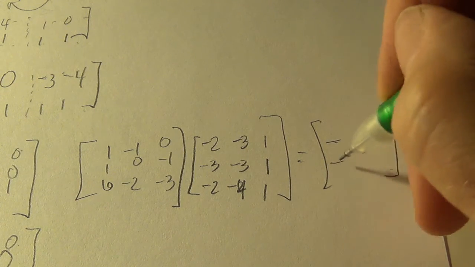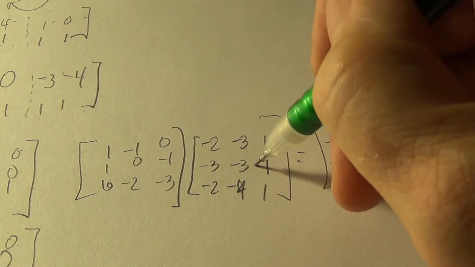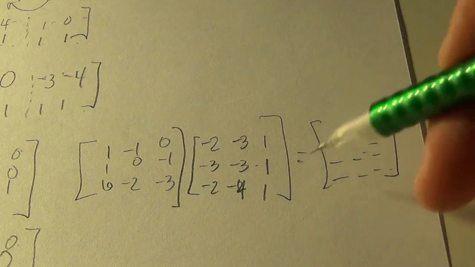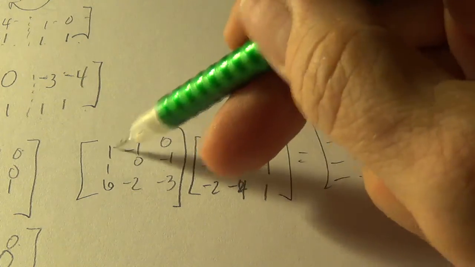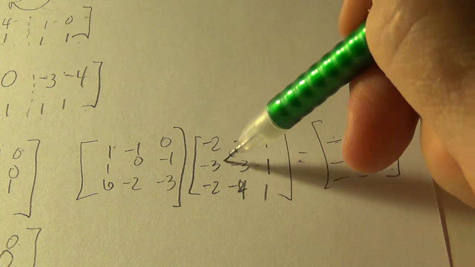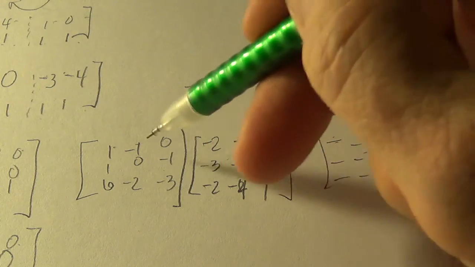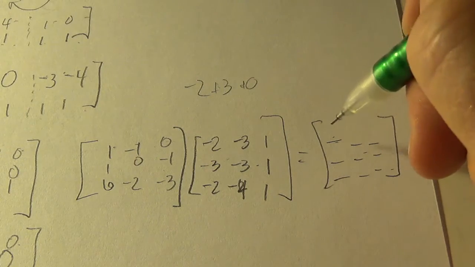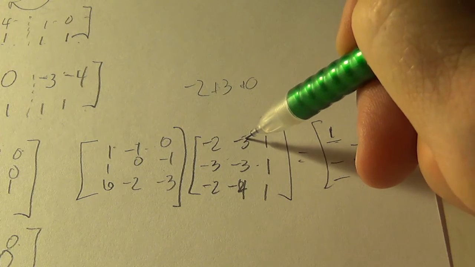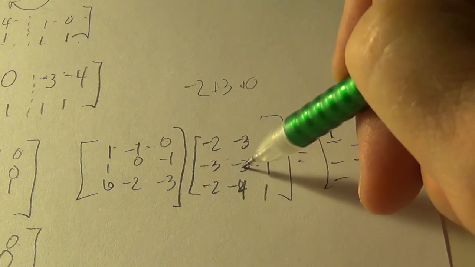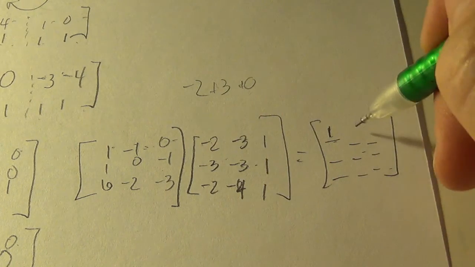A 3 by 3 times a 3 by 3 will give us a 3 by 3. So let's see. First row, first column. -2 plus 3 plus 0. Yay! So that's right. So that's 3 plus 3 plus 0.